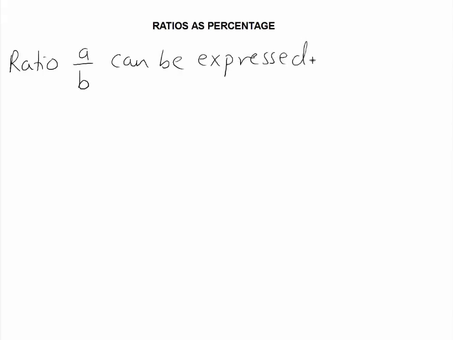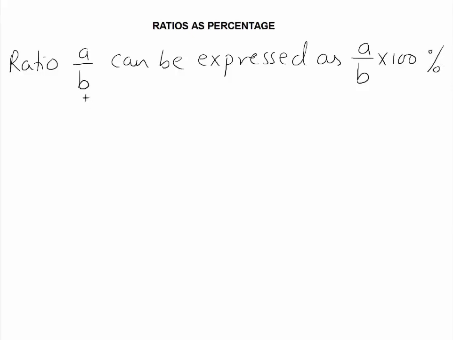Next is ratios as percentage. Ratio A is to B can be expressed as A by B multiplied by 100%.